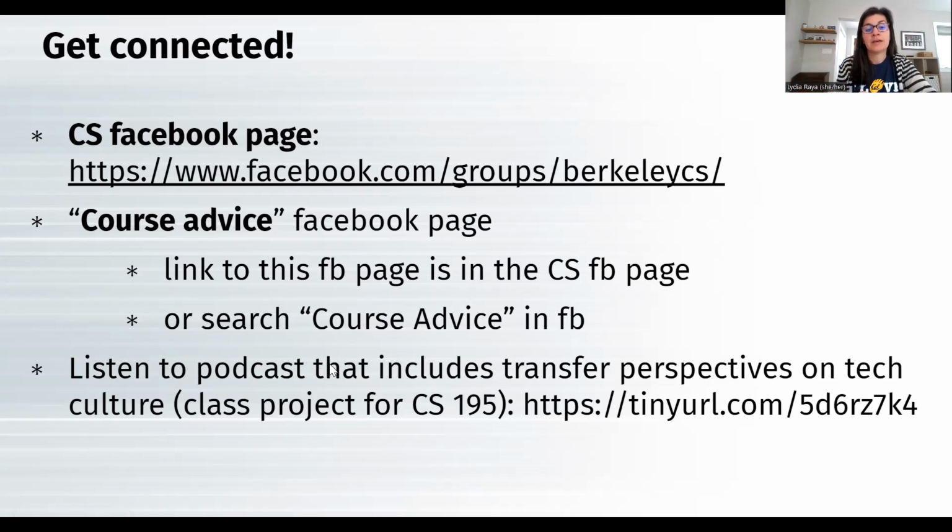CS 195, I should share, is the ethics class. It's not required for the CS major, but it is for the EECS major, so that's why these EECS transfers took it. If you're interested, you could take a listen. It's their perspectives on tech culture, but they also talk about some transfer perspectives as well. So it could be interesting.